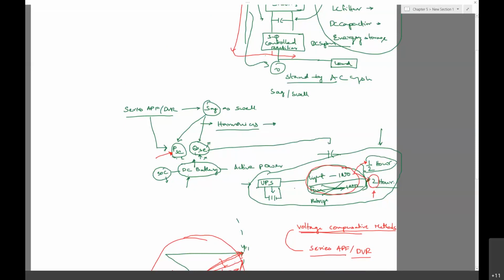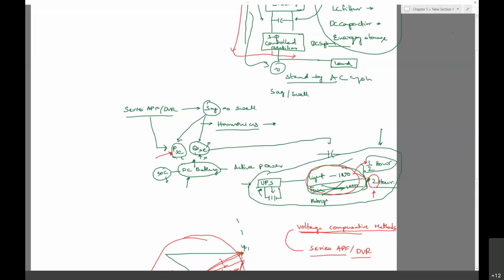That means if the real power utilization is very less, then the backup of the UPS is for a longer duration.